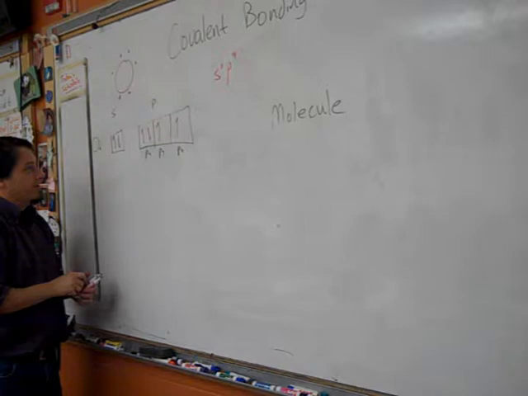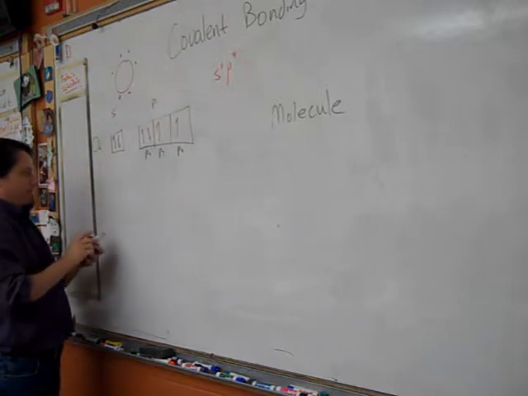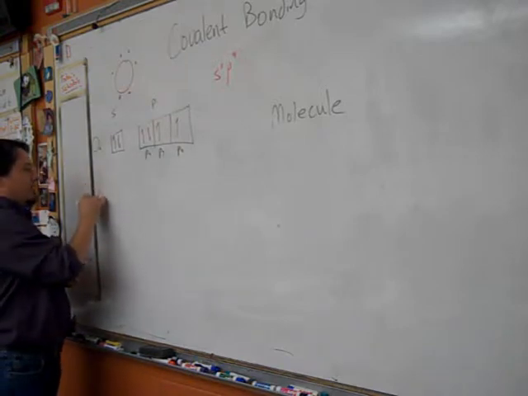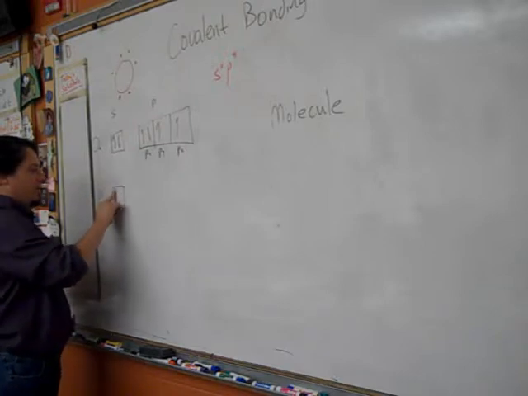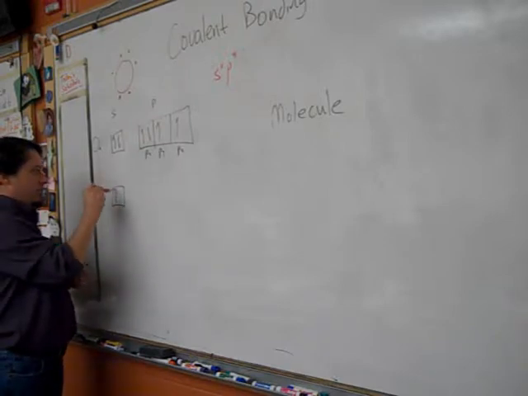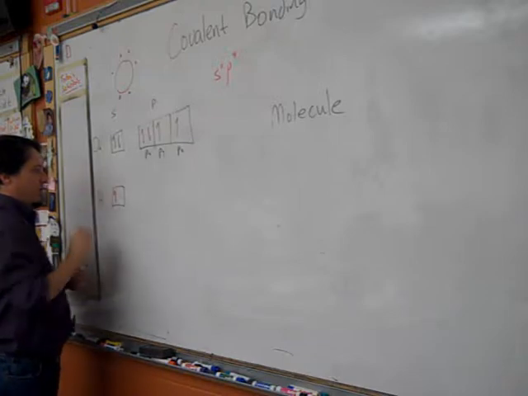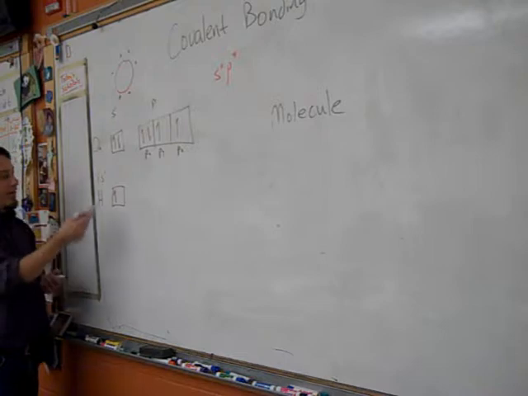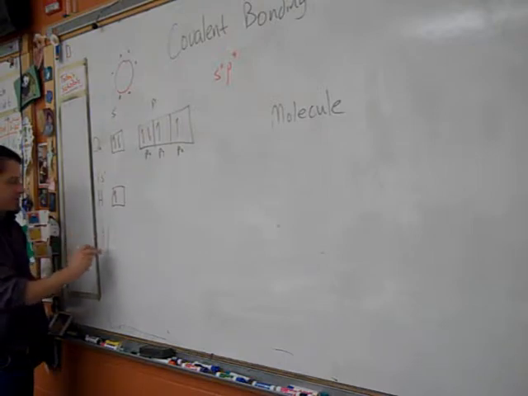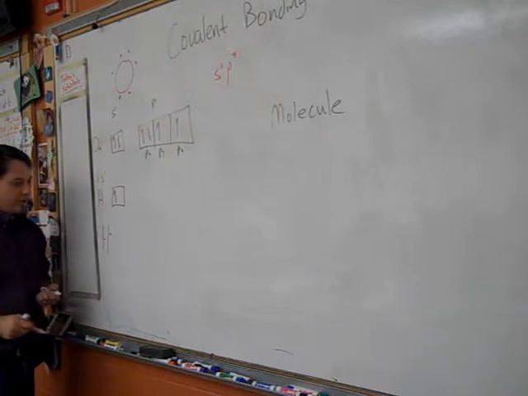Here's hydrogen. Hydrogen. Here's hydrogen. And it looks like this, right? Because hydrogen is just 1s1. And so here it is, and here's hydrogen's Lewis dot diagram.